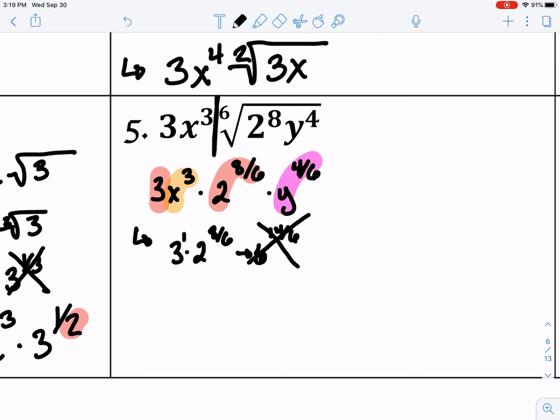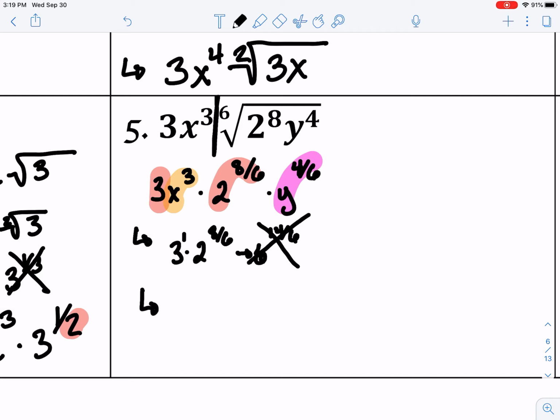The reason you can't do that is because our bases are unlike, so maybe I should have rephrased that differently. You multiply like terms, and remember, when you have exponents, your like terms must have the same base, okay?